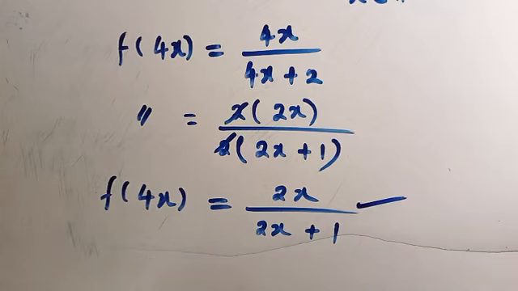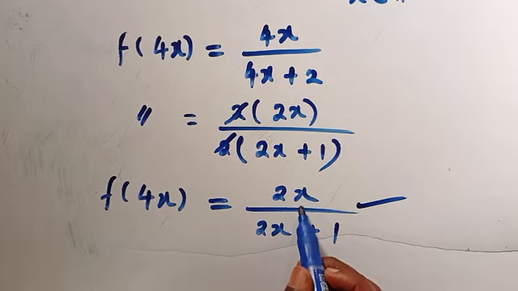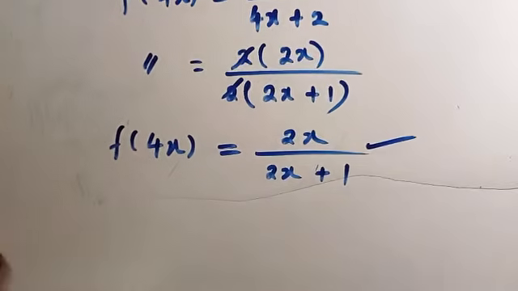After getting f of 4x, we now want to make this one in terms of f of x. So this is the first solution, but the second is all these x must not be here. We want to have them in terms of f of x. So how can we do that? Let's come back to the real function f of x.